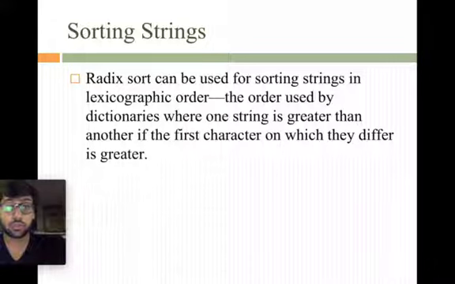Another application would be sorting strings. Radix sort can be used for sorting strings in lexicographic order, which is the order in which we have the elements in the dictionary. Suppose I have the elements A, B, C, D, E, F, G, and AB.